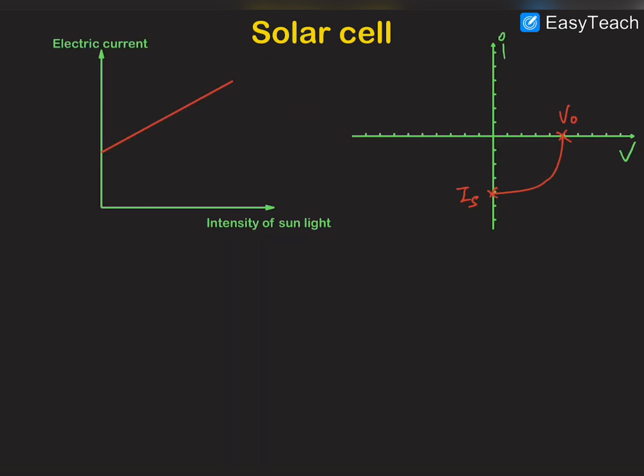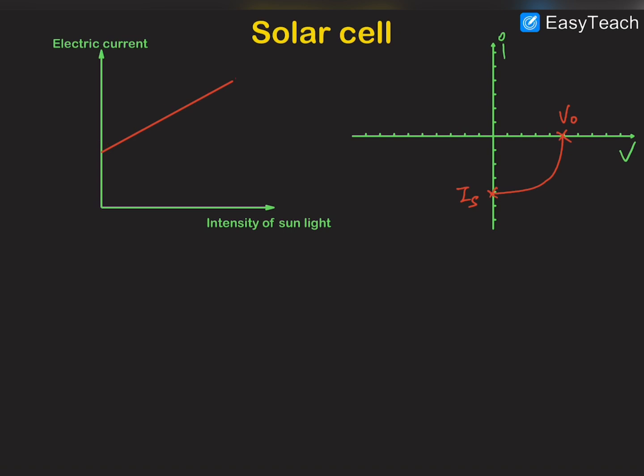So there is a current in the absence of sunlight also, but as we increase the intensity of the sunlight, the electric current will also increase, due to the fact that more electron and hole pairs will be formed, and the polarity or the EMF of the solar cell will increase. So this is a linear graph.